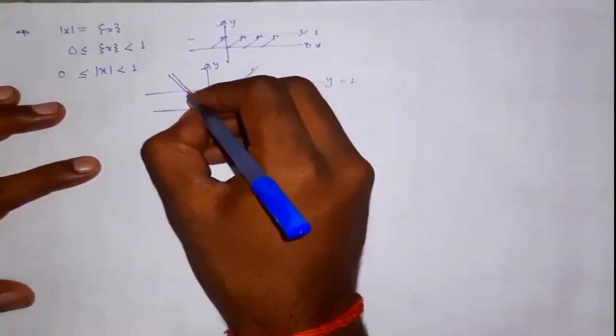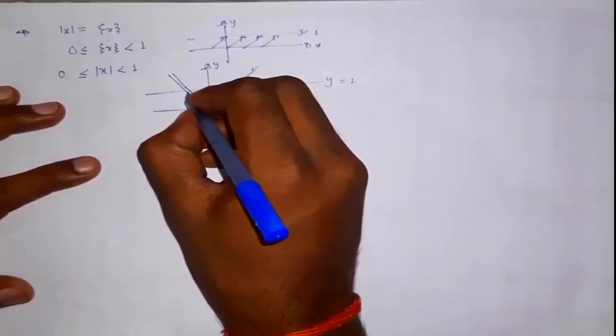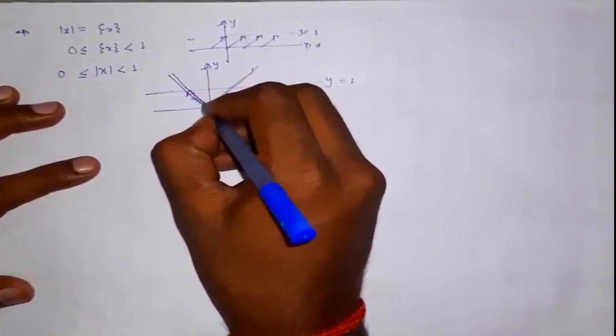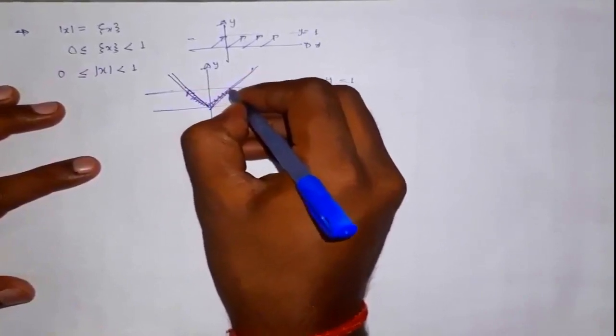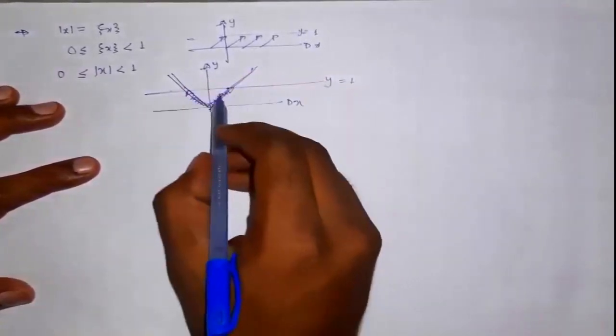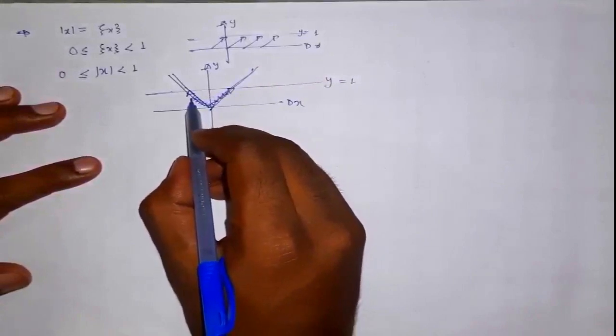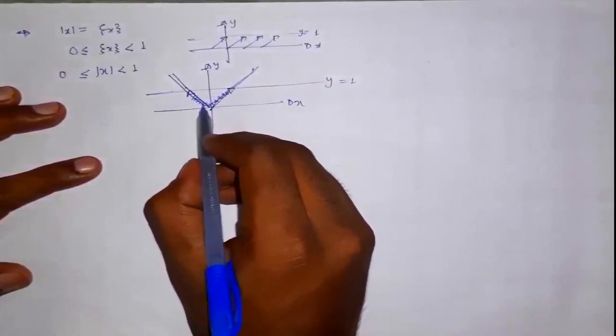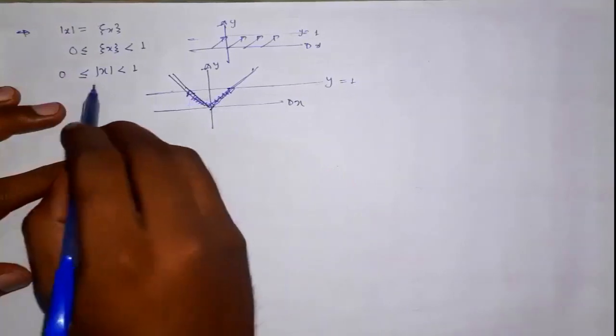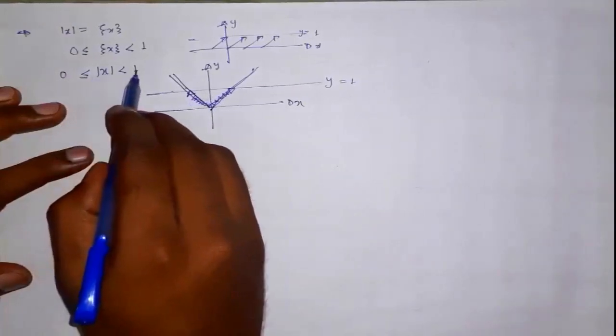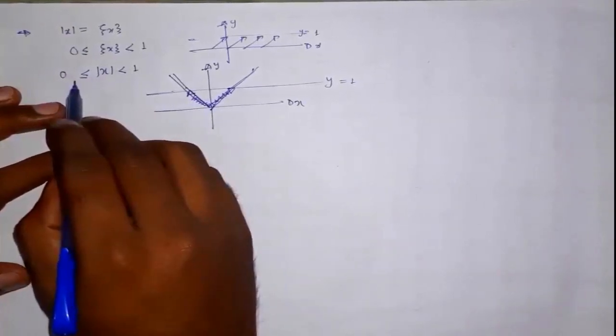Now we need to take the values of x for which this portion is available, because we should focus only on this portion of the graph, since the value needs to lie between 0 to 1, and I am including 0.